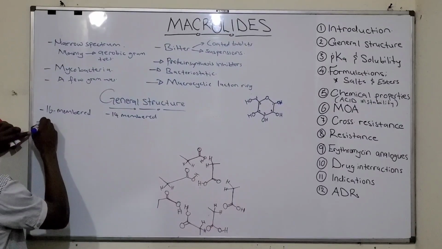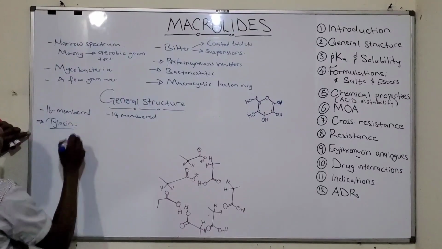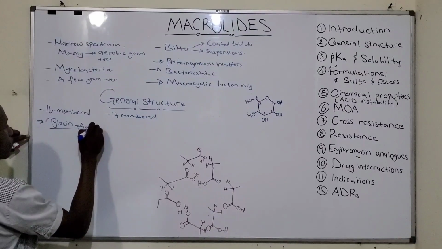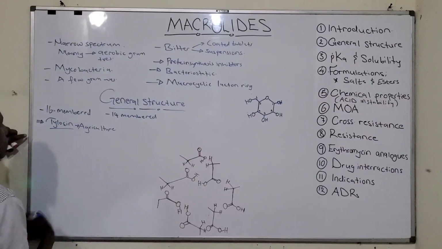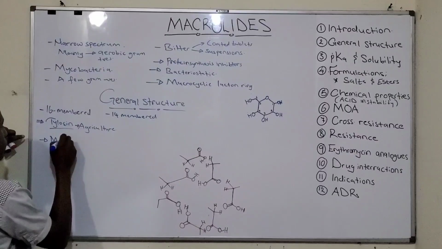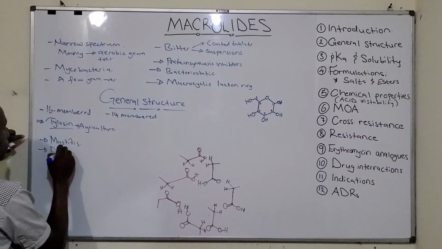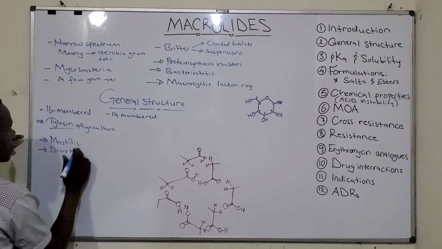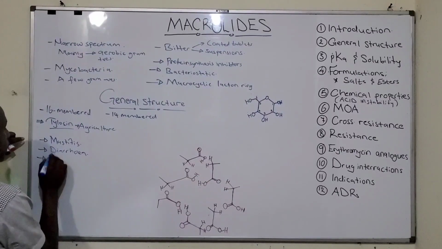An example here is the tylosin. It is mainly used in agriculture, in animals like goats, cows, sheep, in treatment of infections like mastitis, diarrhea, GIT inflammation.